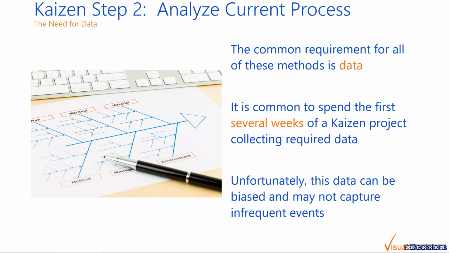The operator just behaves differently when they know that somebody is standing there collecting data. It may not be that they're necessarily trying harder, but they're doing things differently if they know they're being watched. So to really get an unbiased view of the process, you have to collect data all the time, every day. That's the only way you're really going to collect unbiased data.